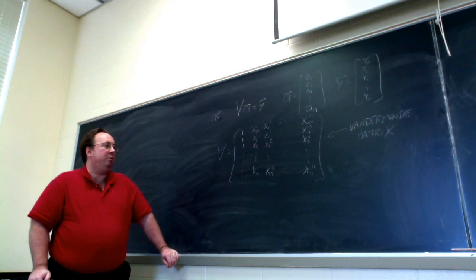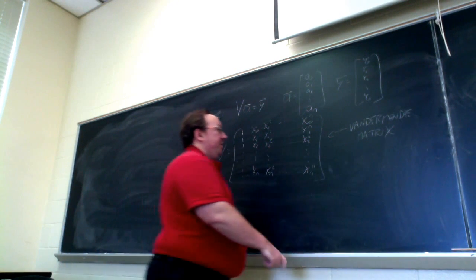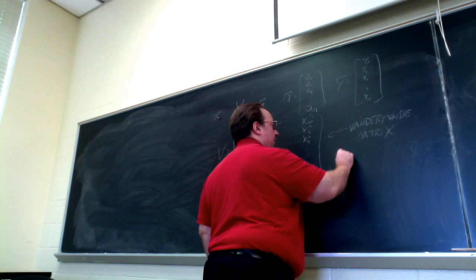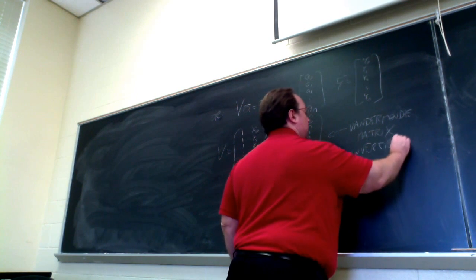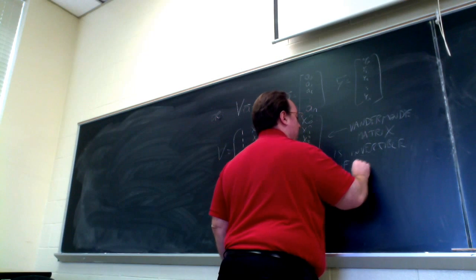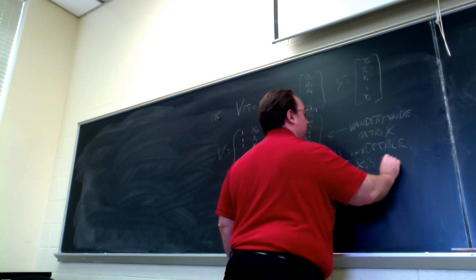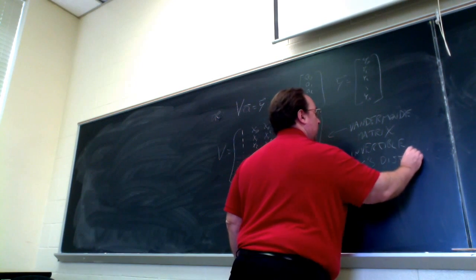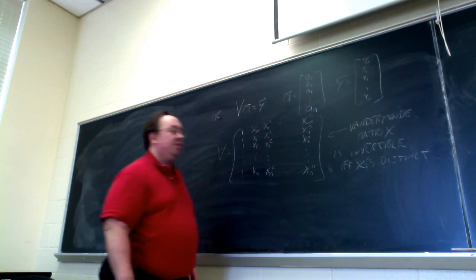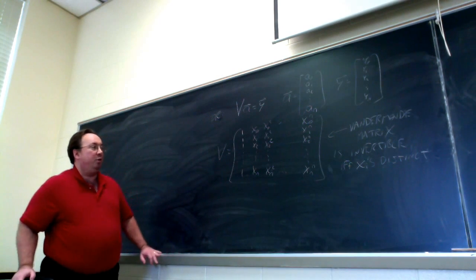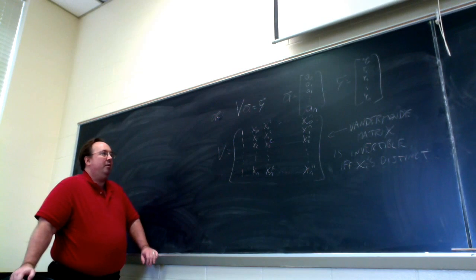But the point I want to make is that this matrix is known to be invertible if, really if and only if, all of the x values are distinct, which we are assuming.